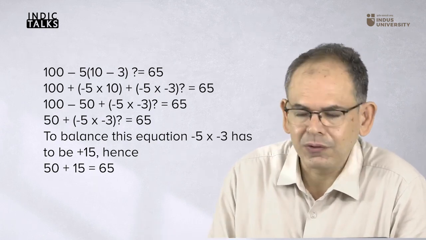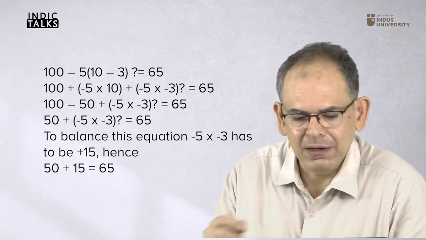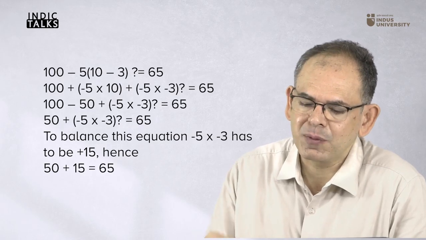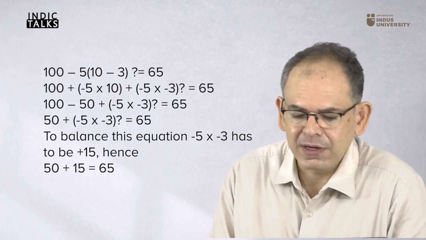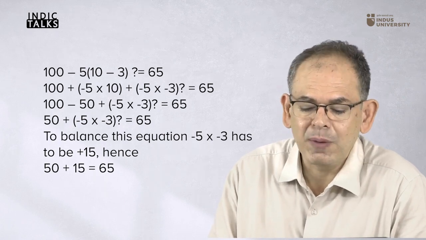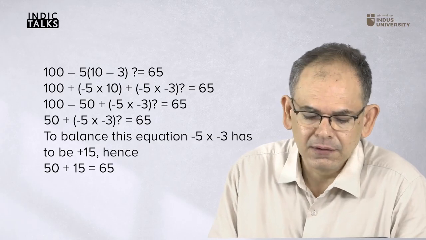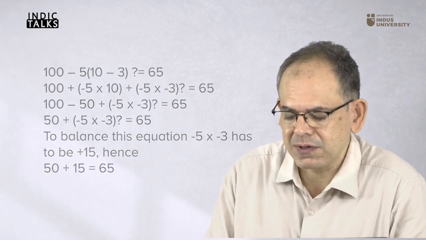Now of course this should give us 65. So 50 plus, inside of bracket, minus 5 times minus 3 should give us 65. To balance this equation, minus 5 times minus 3 has to be plus 15. Hence, we will get 50 plus 15 is equal to 65.